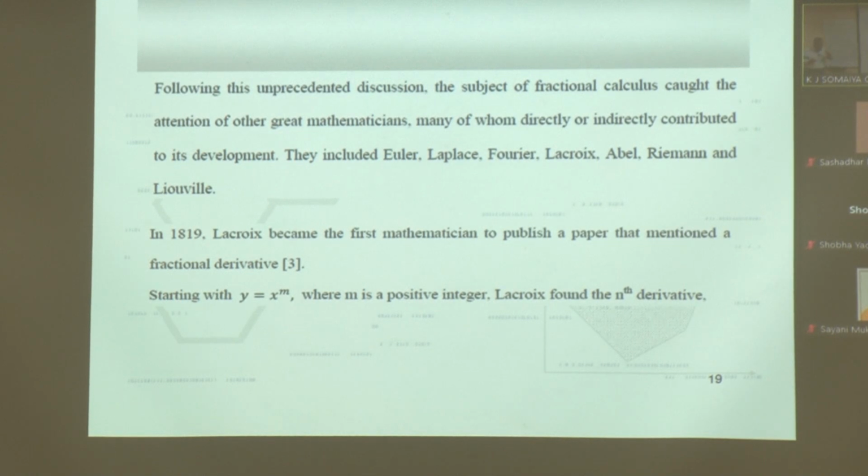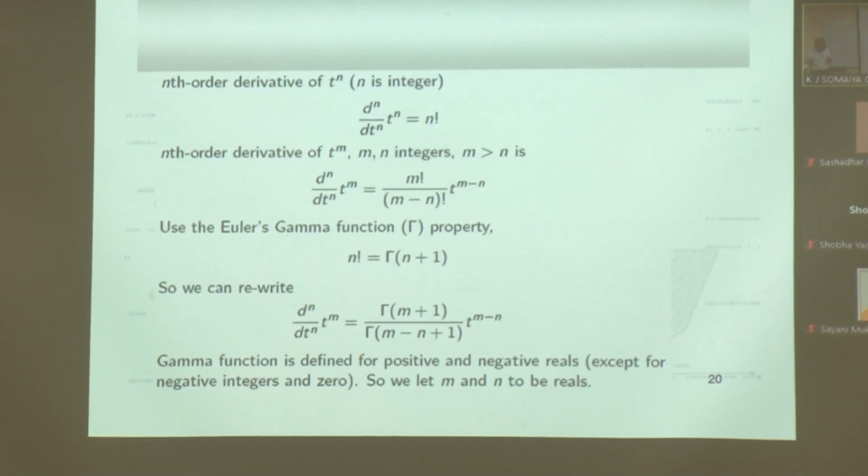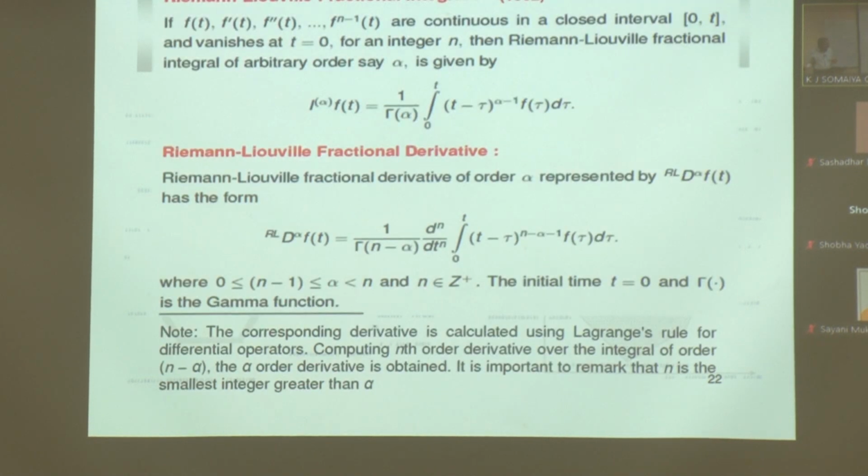Later on, of course, people started to work on that. So this is a big history. And again in 1832, Riemann and Liouville gave a generalized definition of the fractional derivative.